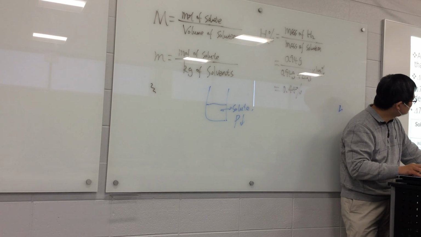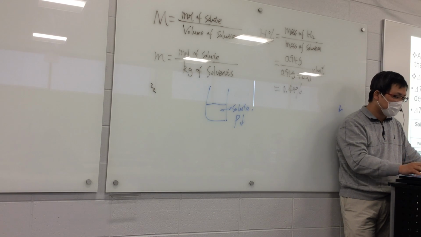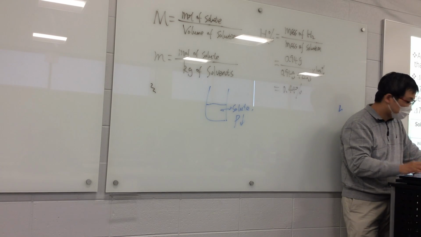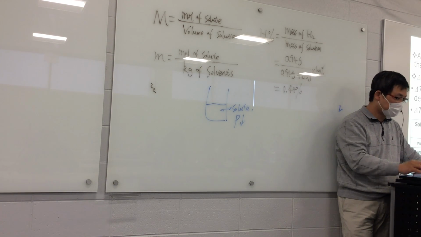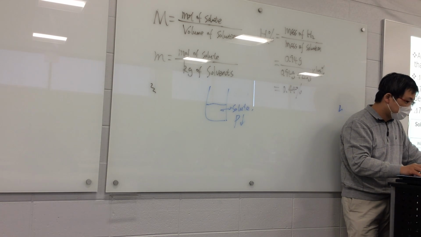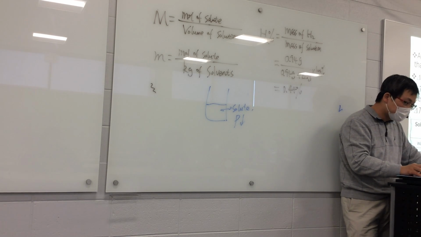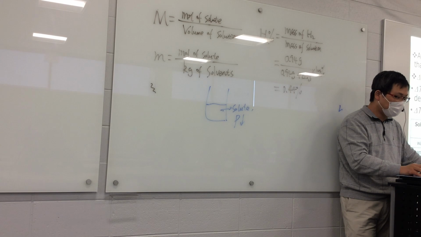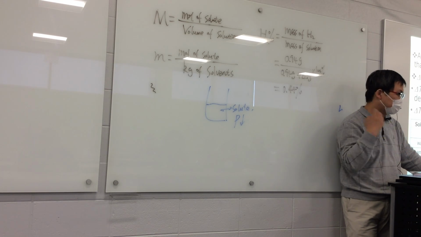Again, the former is larger than that, right? Therefore, this is also a positive value. And again, this property also only depends on what? The concentration. So this freezing point depression equals the molality of the solute times the solvent's freezing point depression constant. Again, this property is also a colligative property. It only depends on the solvent used and the concentration of the solute.